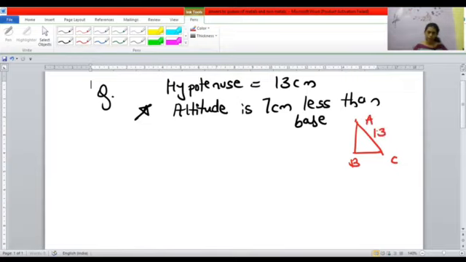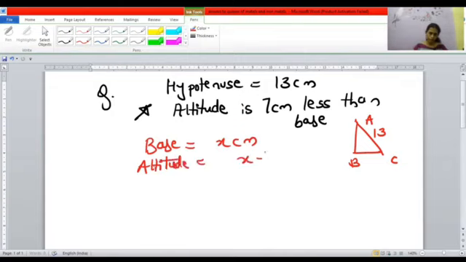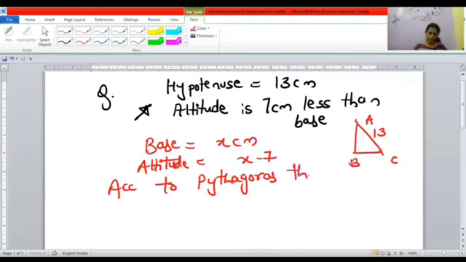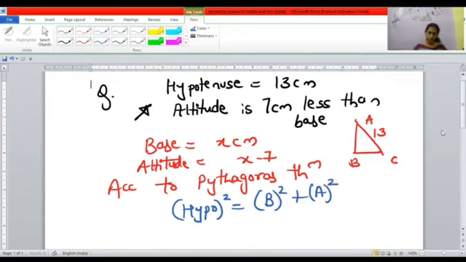So this is your hypotenuse, which is 13. So if we assume base is equal to x centimeter, your altitude becomes, as per the condition, x minus 7. So students, according to our Pythagoras theorem, I hope you know what the Pythagoras theorem is because it has been studied, right? So hypotenuse square is equal to your base square plus your altitude square.